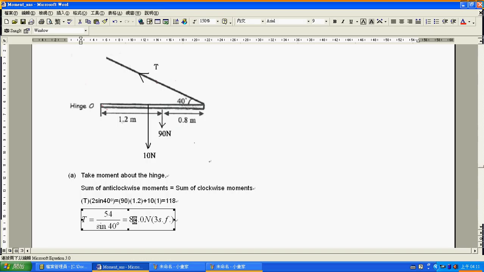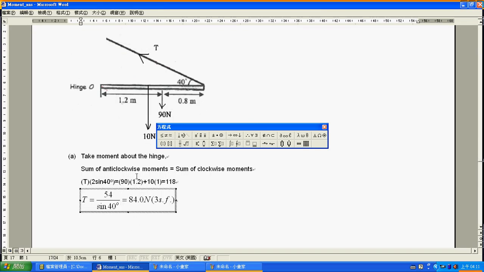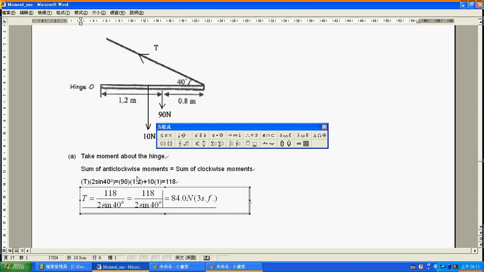So therefore the tension should be 118 divided by 2 times sine theta. So what is that? That is 59, isn't it? 59.